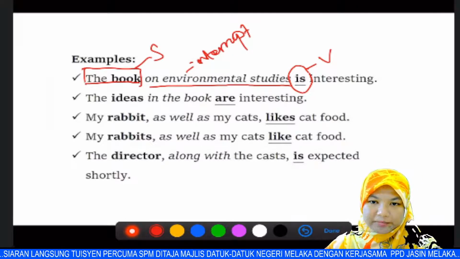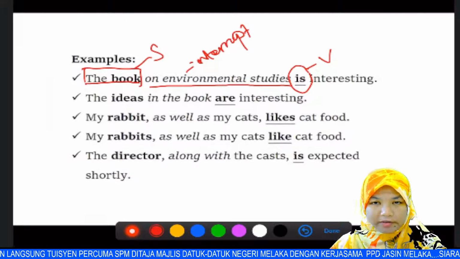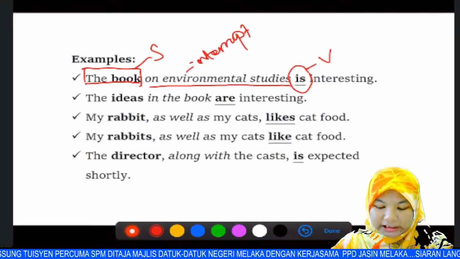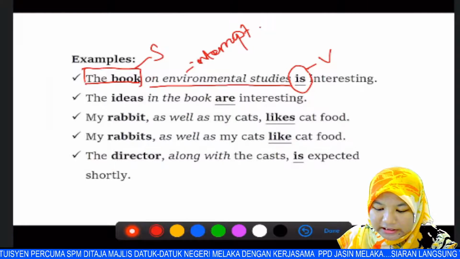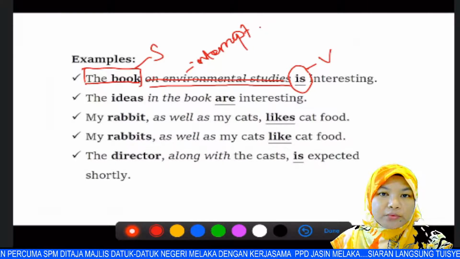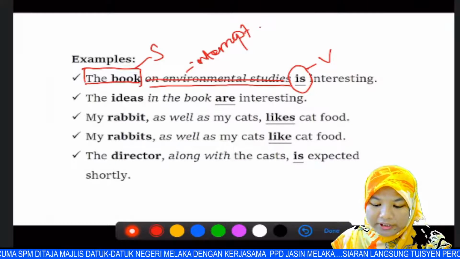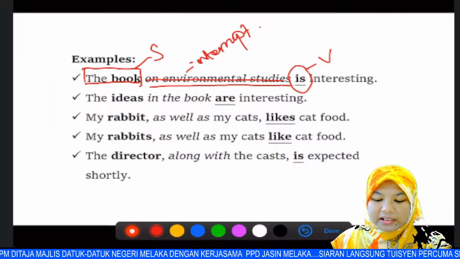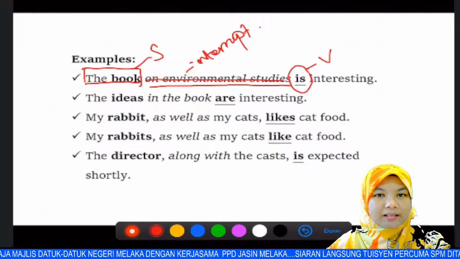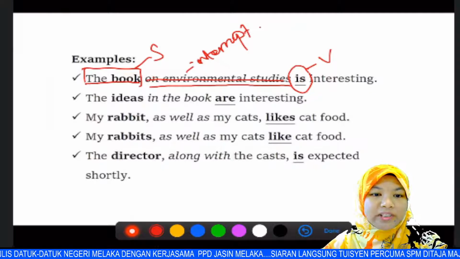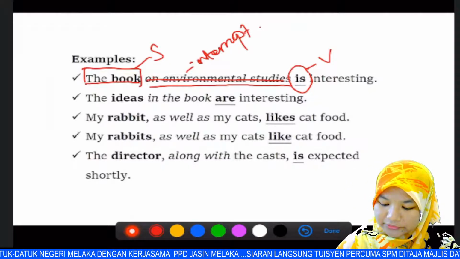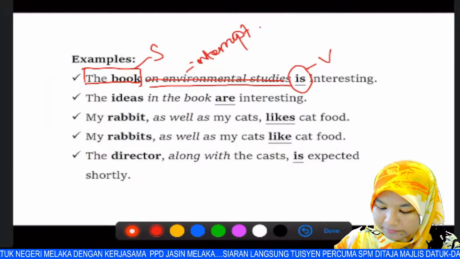Okay, interrupting structure. Try to imagine, if I clear out or delete the phrase "on environmental studies," does the sentence still make sense? The book is interesting.